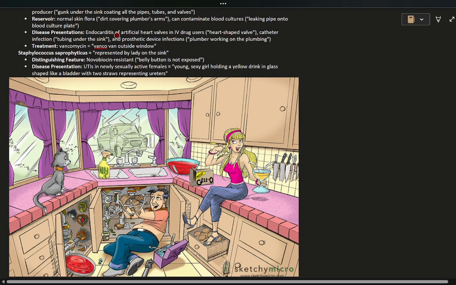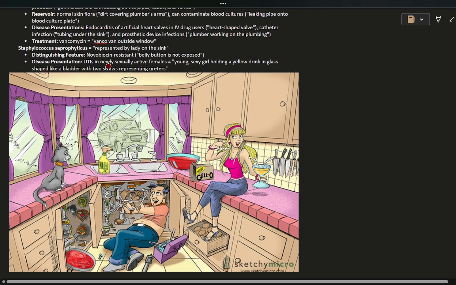It can also infect prosthetic devices, so you can see the plumber working on the plumbing. Just think of that as analogous to prosthetic devices. Plumbing, prosthetic devices, they both start with the letter P.